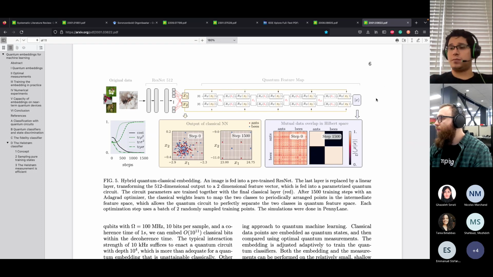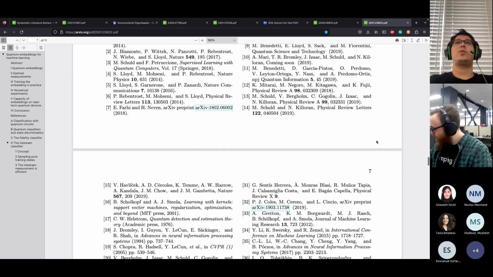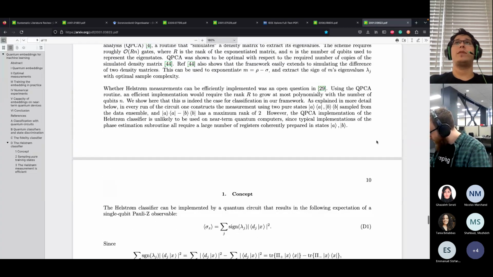But right now we have bigger quantum computers. So we can play around with this deep learning and quantum machine learning approach that is being merged. That's one thing we can try.